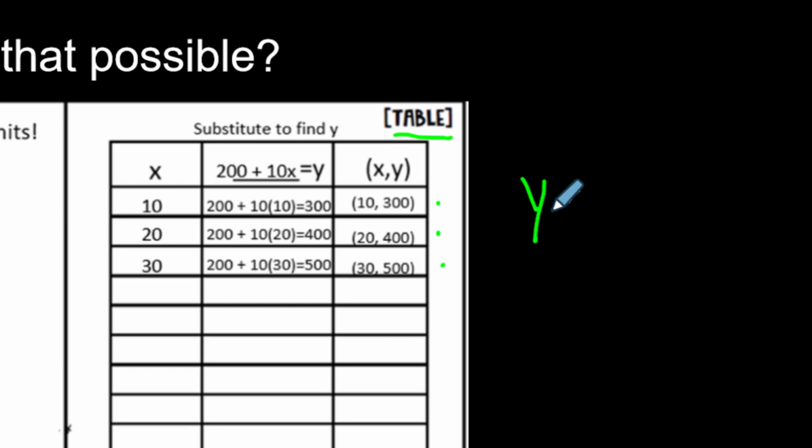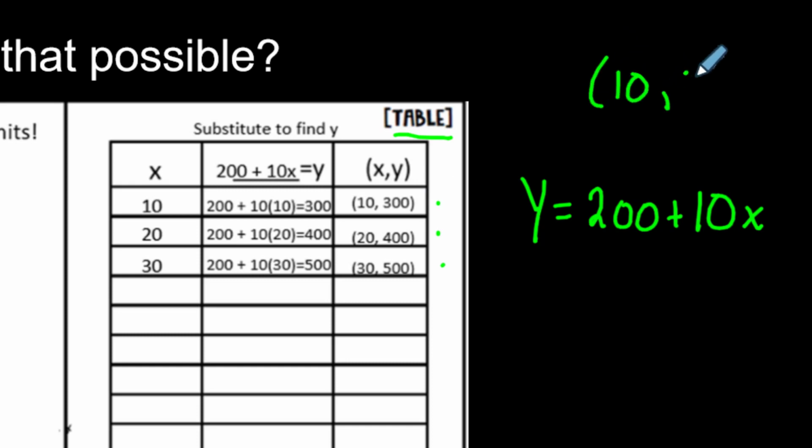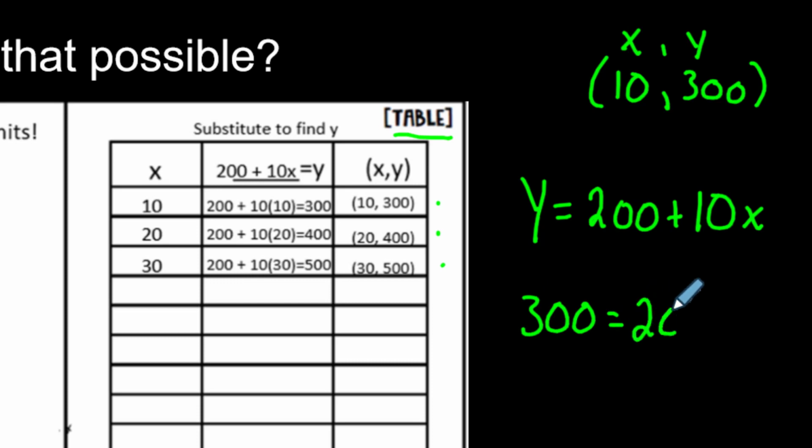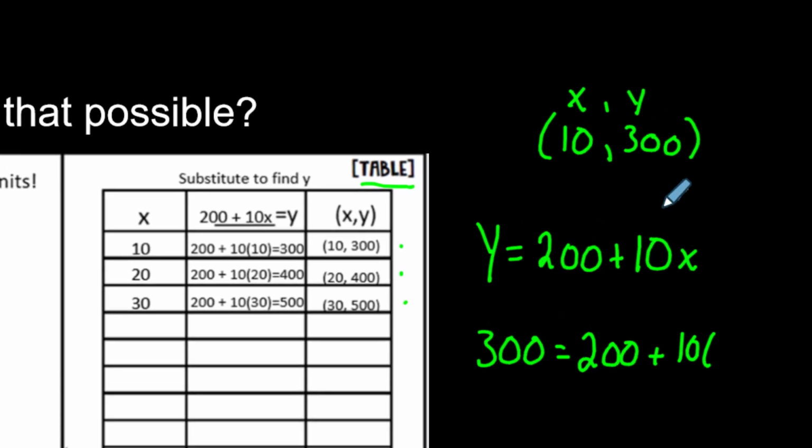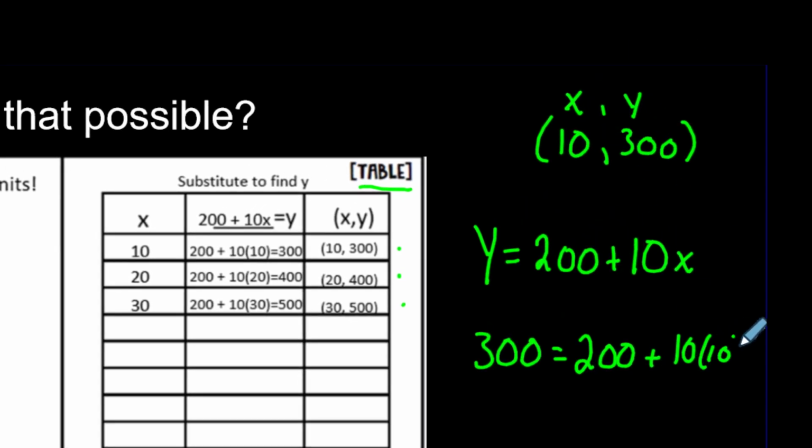So if my equation is Y equals 200 plus 10X, and I wanted to test this ordered pair, it would be 10, 300. Remember, the ordered pair is always X, then Y coordinates. So we're going to substitute those values in. Instead of Y, I'm going to write 300 equals 200 plus 10 times, what's X? 10.